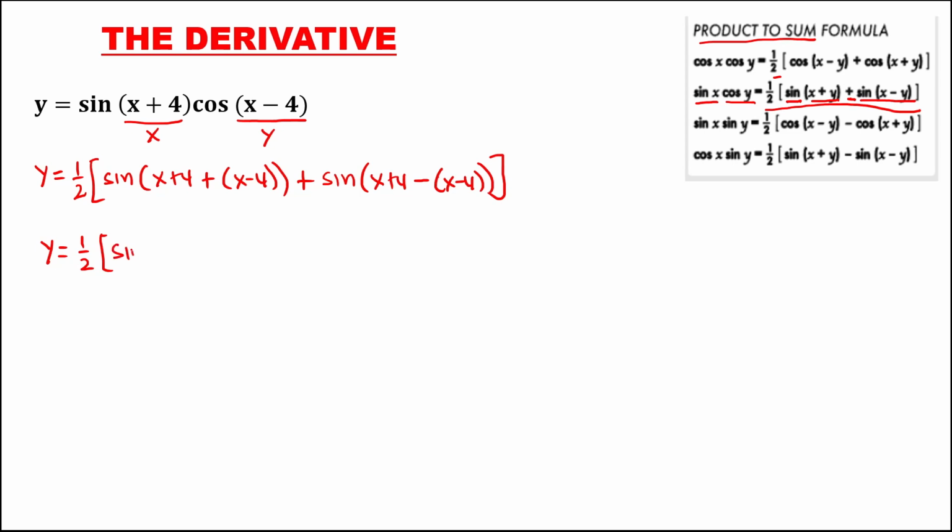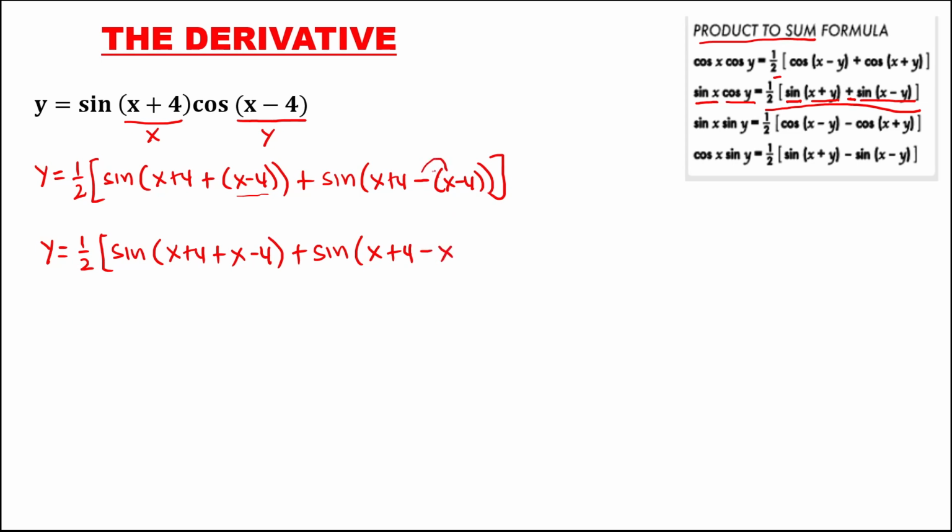Then this becomes sine. So we need to omit now the parentheses. So this becomes x + 4 plus x - 4, then plus sine of x + 4, then distribute this negative.